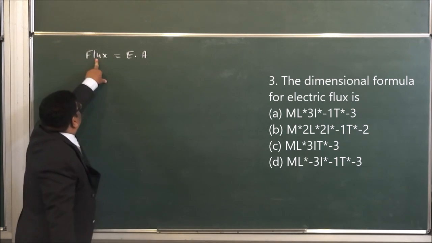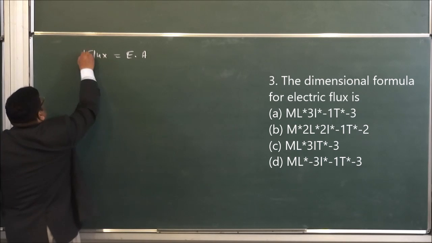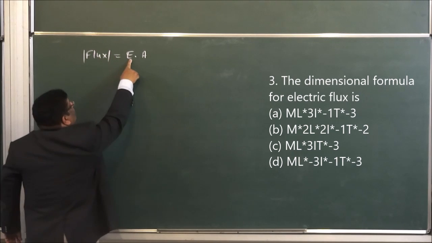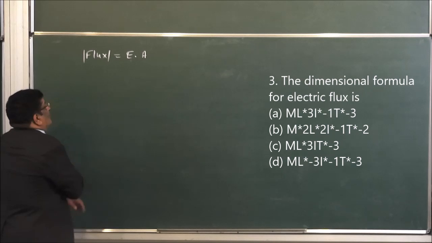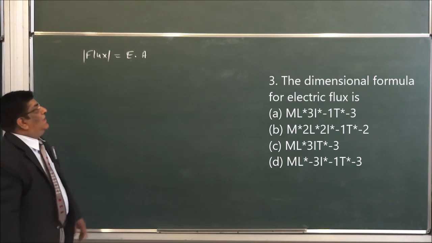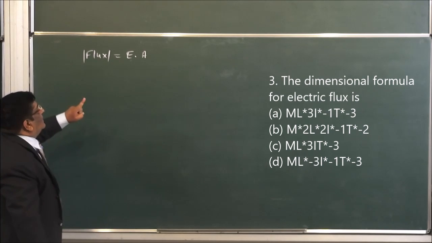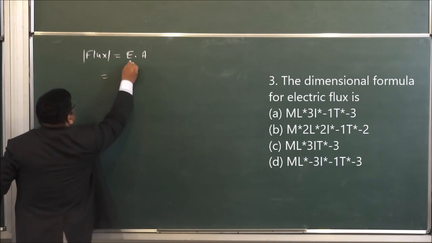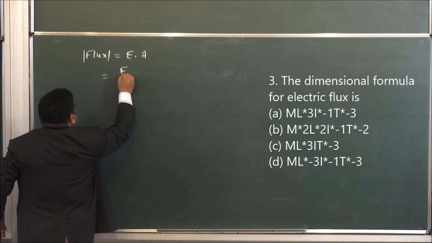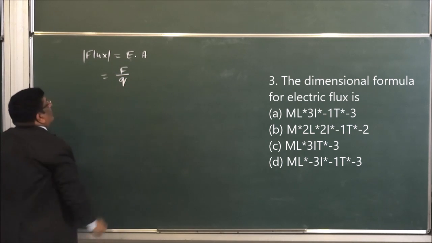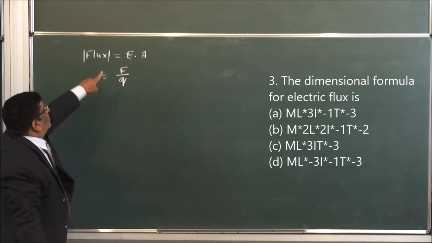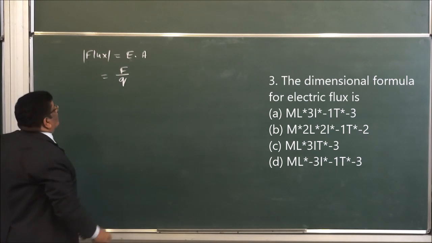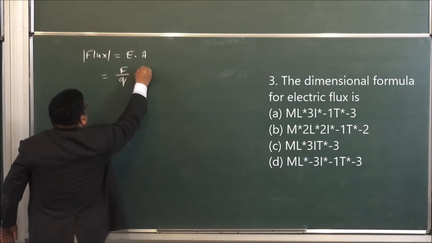Now, we have to find the dimensions of flux. So we must know the dimensions of E and dimensions of A. Now, dimensions of E. Do we have any relation of E with force? Answer is yes. It is force per unit charge. Force on unit charge is known as electric field intensity. This is to be multiplied with area.